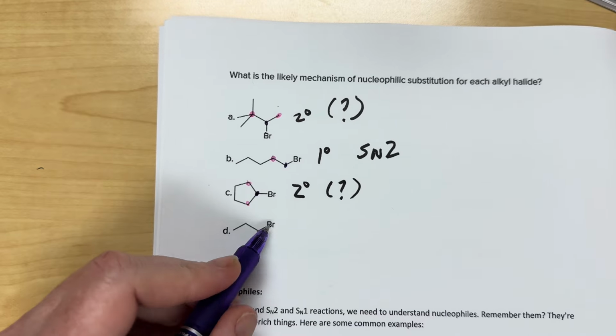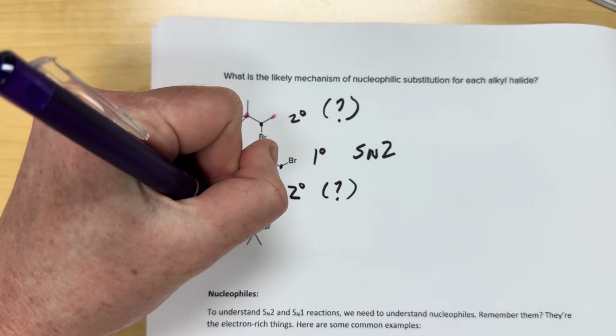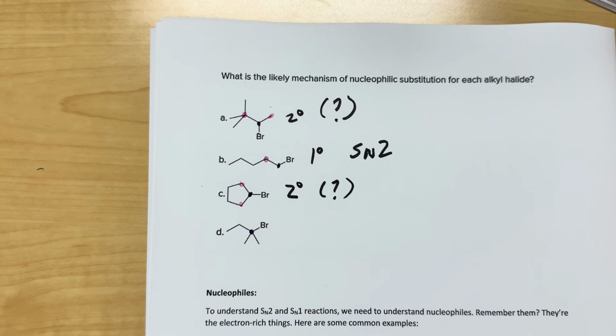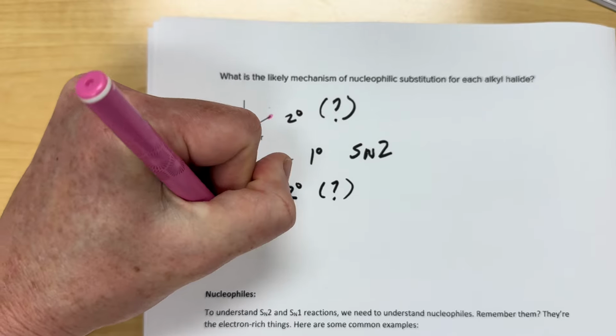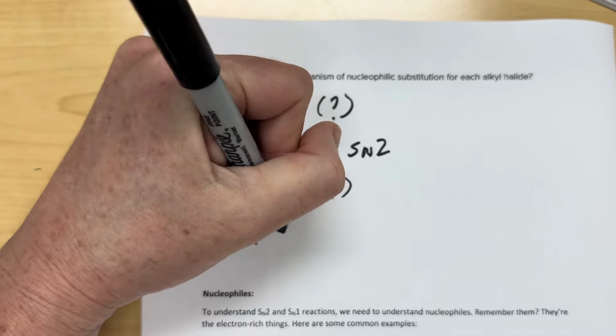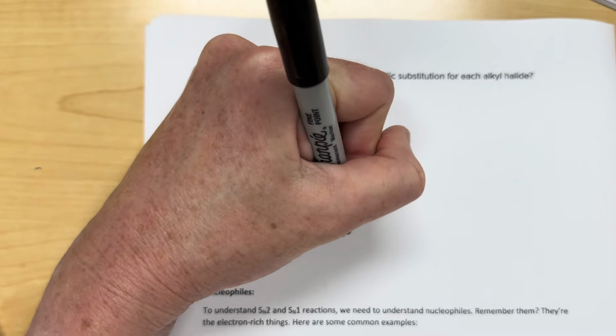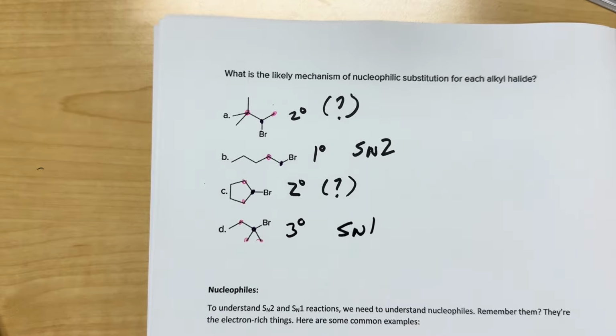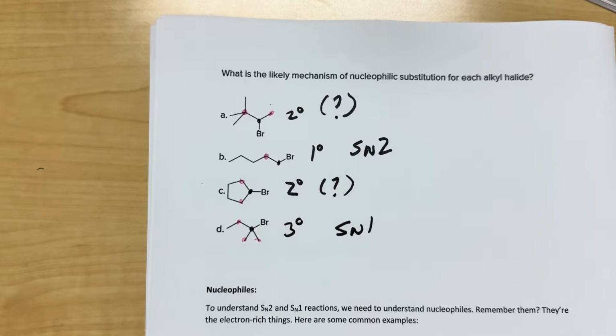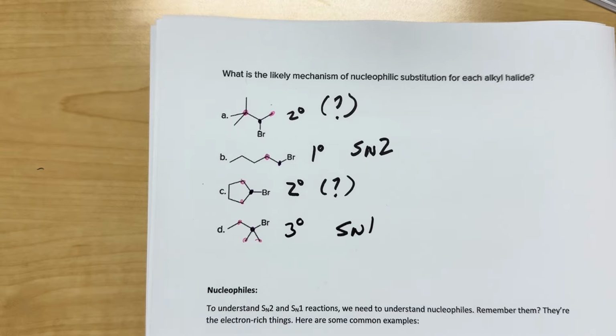And then here we have a bromide, again, attached to this carbon, and that carbon happens to be attached to 3 carbons. 1, 2, 3, and this is tertiary, so this has to be SN1. Okay, so again, if it's primary, you already know which mechanism it's using. If it's tertiary, you know which mechanism it's using.